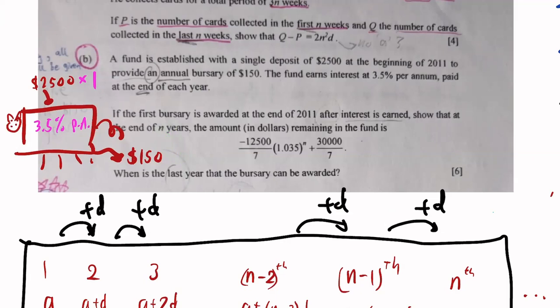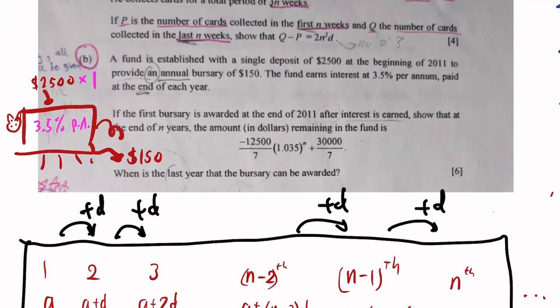N equal to 1. Let's see what is that amount. If I substitute in n with 1, I obtain a value of 2437.5, which means that I gave away how much? I have a net loss of 62.5. Right, that's because of the interest. Okay.